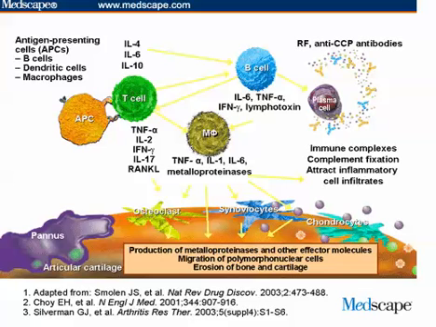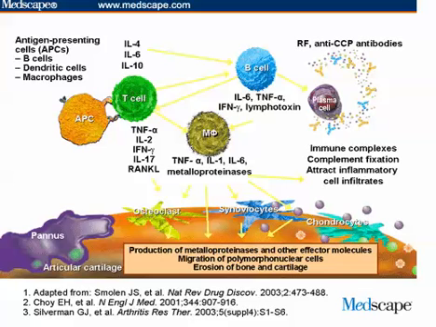Degradative enzymes including metalloproteinases and serine proteinases digest extracellular matrix and destroy the joint surface. In addition, the osteoclast has been incriminated as a major factor underlying bone erosion in RA.